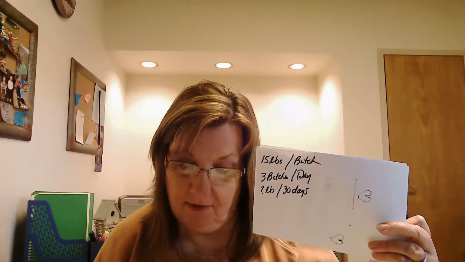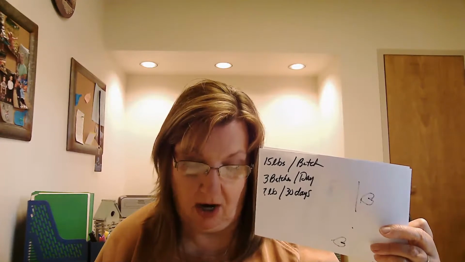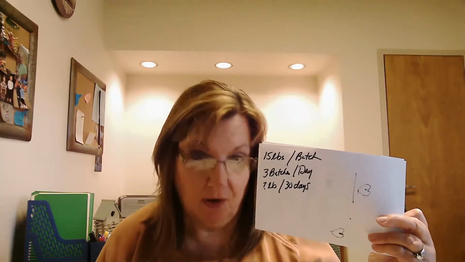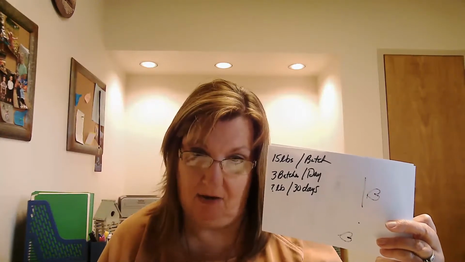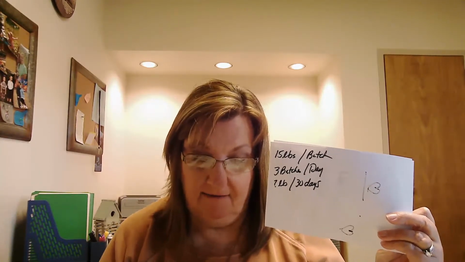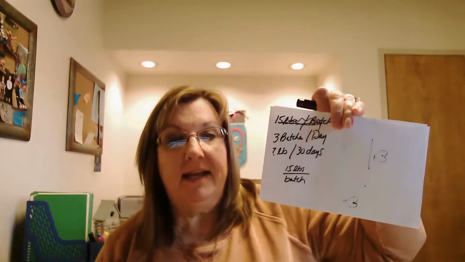So if we're looking for pounds, we're going to start with which one? Where do you see pounds? We see 15 pounds per batch. So it would be 15 pounds per batch. And I would scratch this out right here because I have used this sentence. That sentence is gone. So where do we see the next batch?